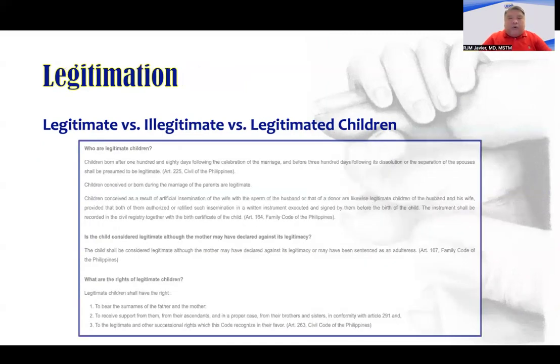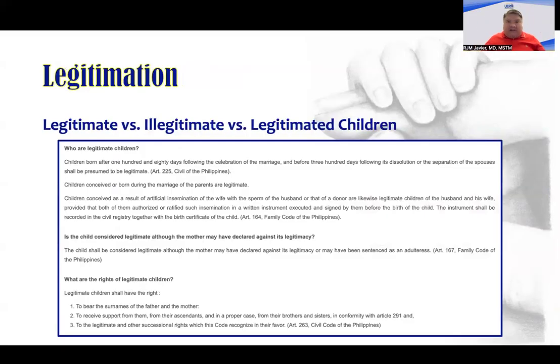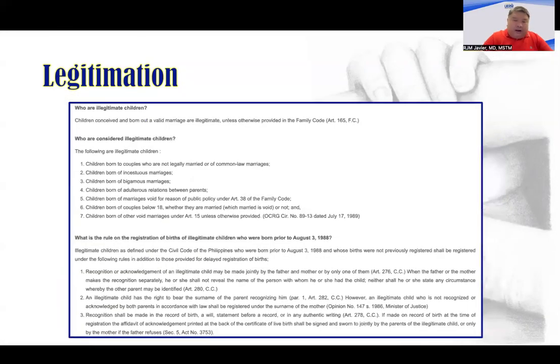Any child who is born out of the proper marriage is a legitimate child. A mother and a father who deliver a baby have legitimate children. Now, what are illegitimate children? If you look at Philippine laws, these are children who were born not because of the normal marriage.